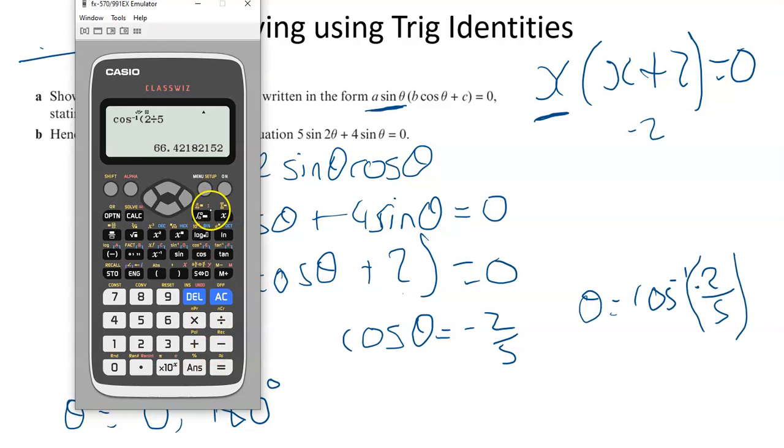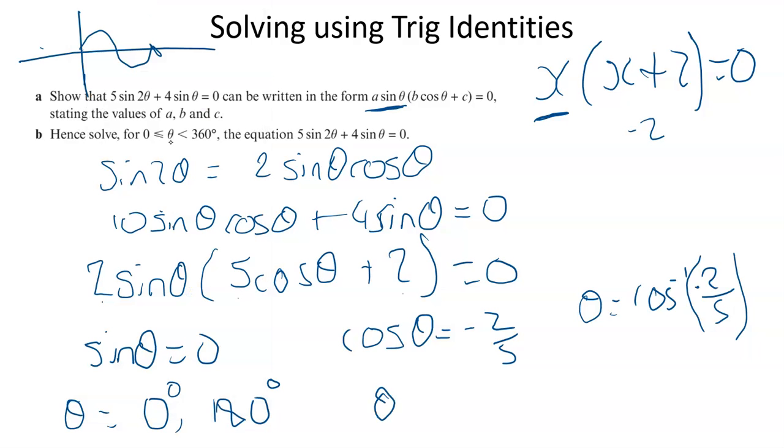So let's put the minus sign back in. Right, that makes more sense: 113.57. I don't know if it says about the rounding, but let's treat it as 113.6. So theta equals 113.6. But of course, we need to work out the other value.